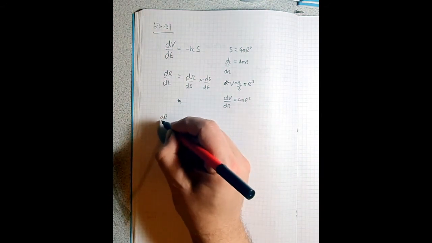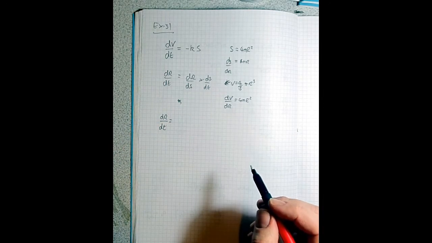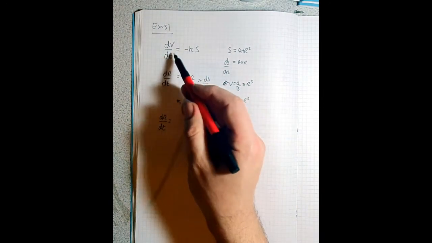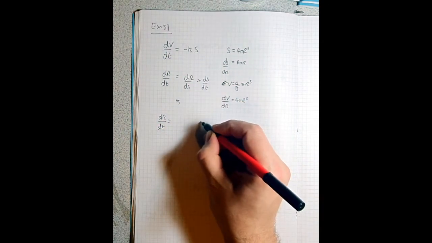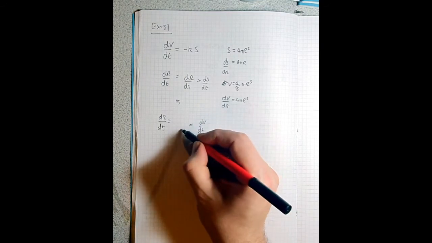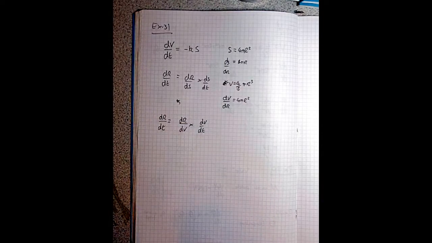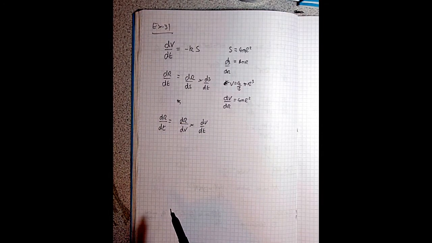dr/dt. I've got dV/dt as well. So if I have my dV/dt on the end, then I need a dV to cancel out there and a dr. Well, I've got that.